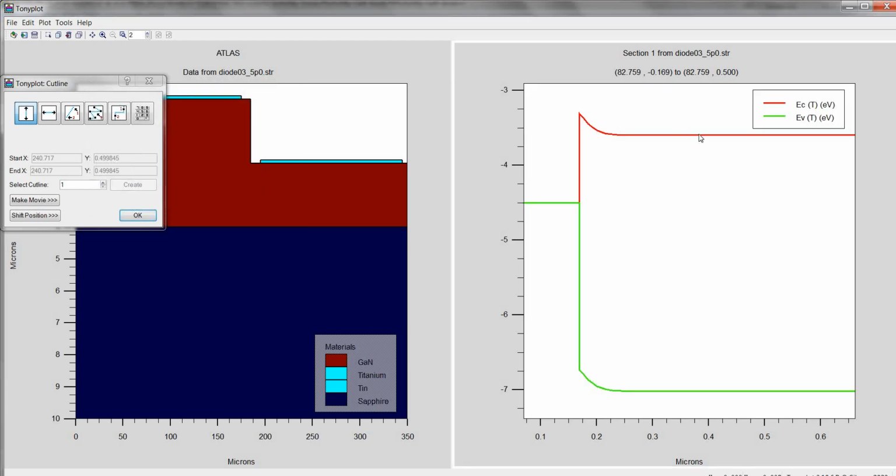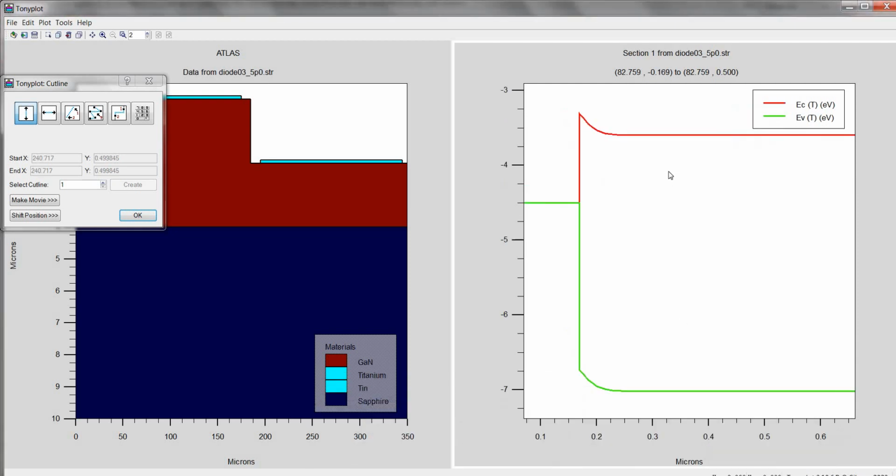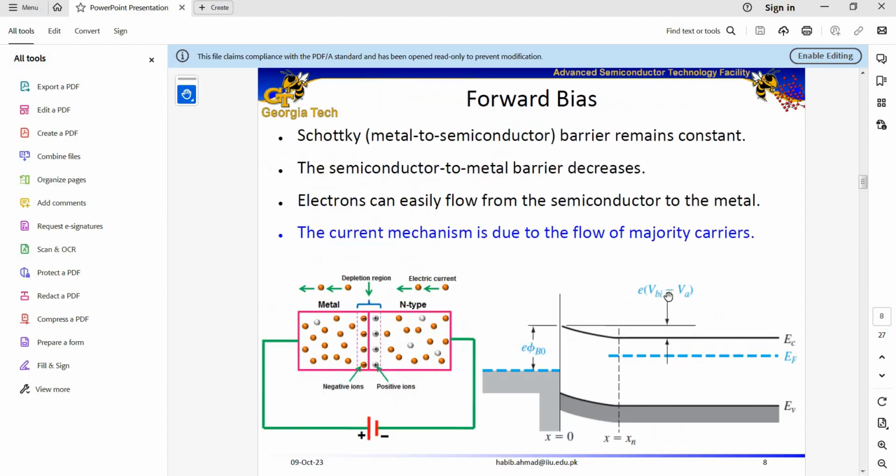So now we see that under forward bias, this barrier for electrons to flow from the semiconductor side to the metal side has actually reduced. Now compare it with the energy band diagram under thermal equilibrium. We got a big barrier under thermal equilibrium, but under the application of forward bias, this barrier is reduced so that current can easily flow from the semiconductor to the metal side. And in this case, we actually applied positive voltage to the metal side and negative voltage to the semiconductor side.